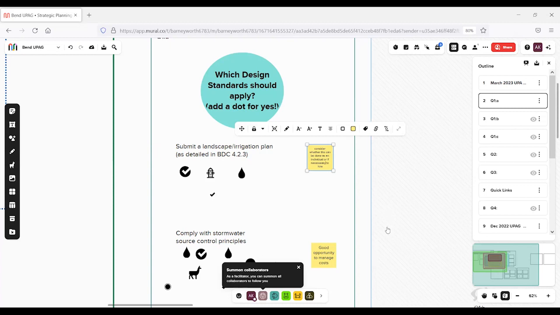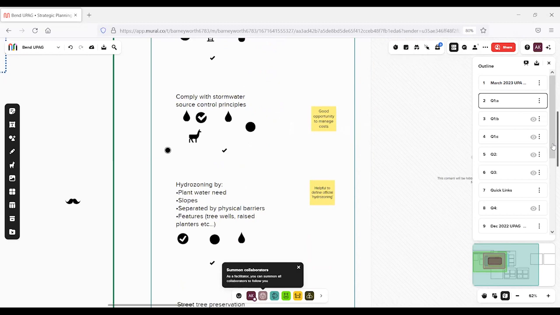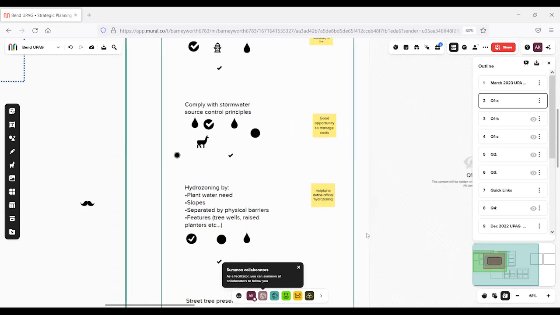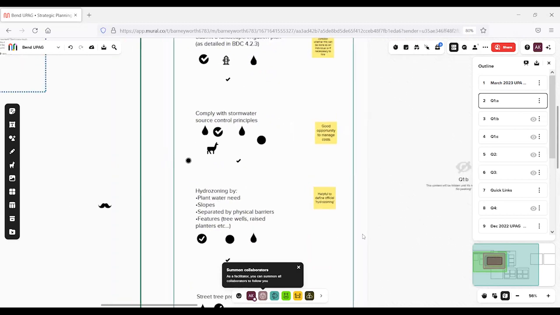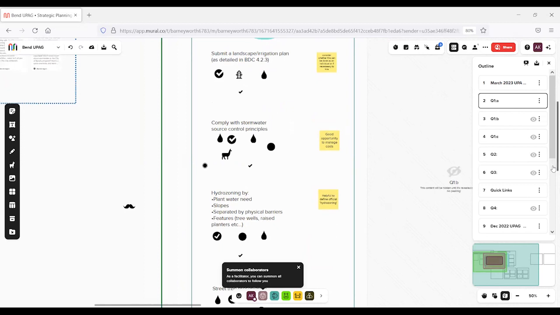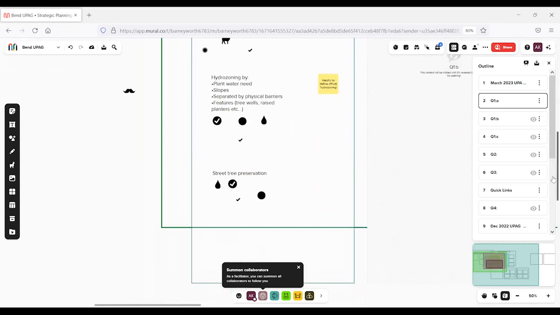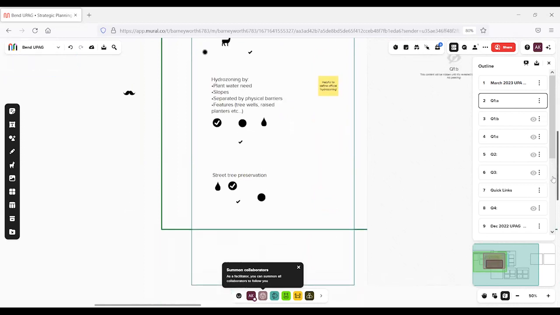Because over my career I've done a ton of irrigation plans, and almost always at construction they tell me, well, I don't even know why landscape architects do irrigation plans because the contractor's just going to go in and put it in how they want anyways. So it's important on both sides to think about what needs to be installed, but then also holding them accountable for what is installed.